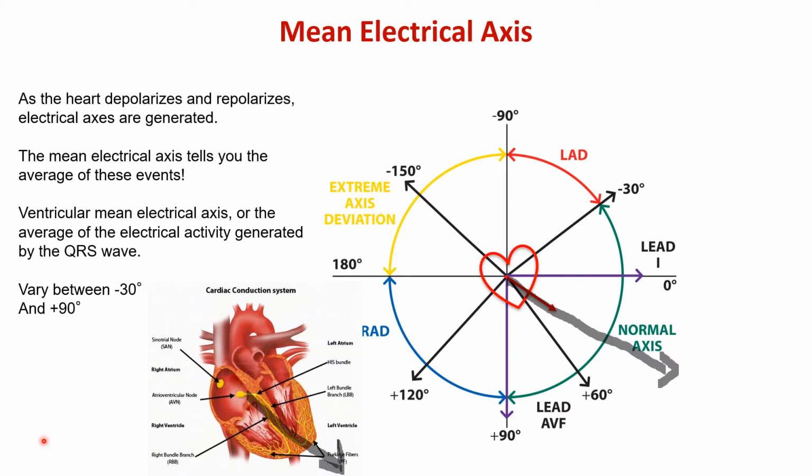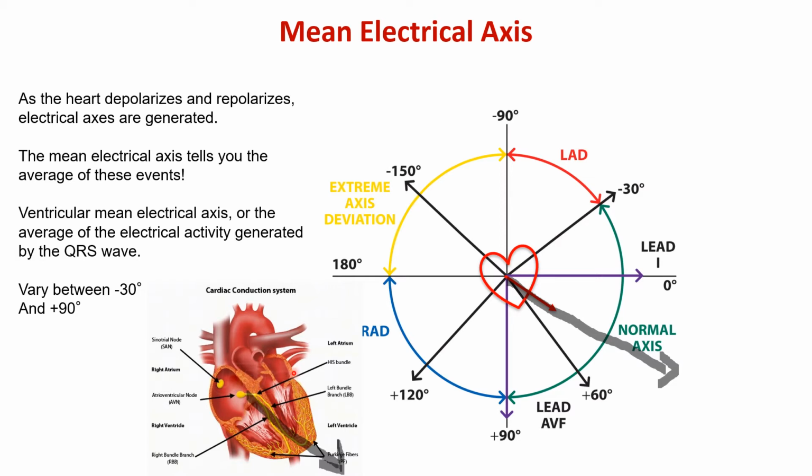Now, if we think about it, each myocardial cell in your heart must be depolarizing so that it can enable the mechanical contraction. And that depolarization wave is reaching all the different cells in the heart.